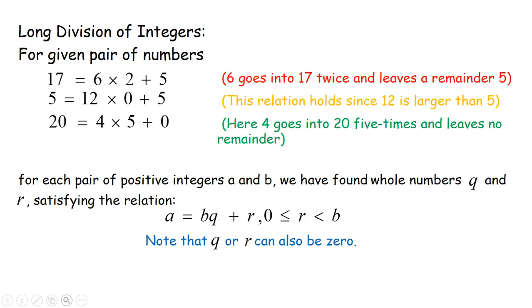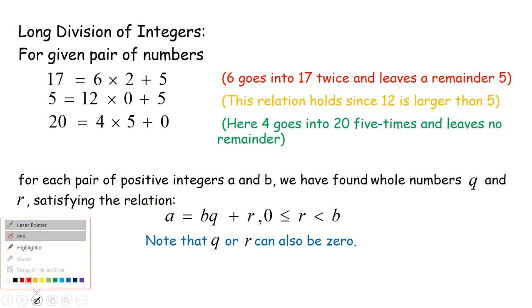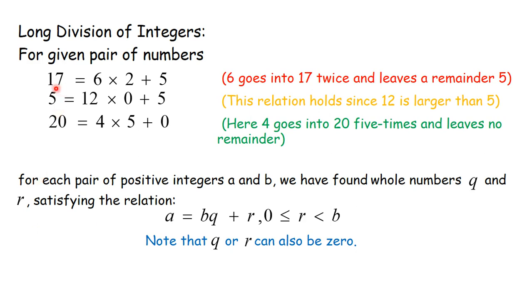We know the long division method of integers. Suppose you are given a pair of integers, 17 and 6. How will you write 17, the larger number, by using the smaller integer?